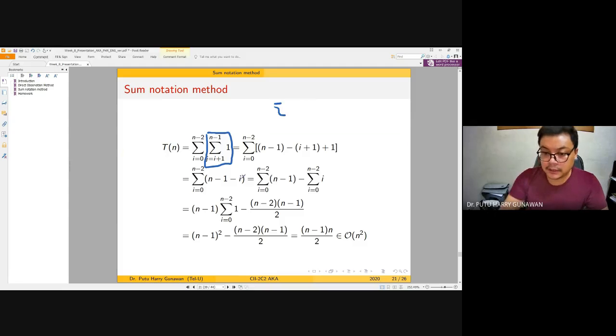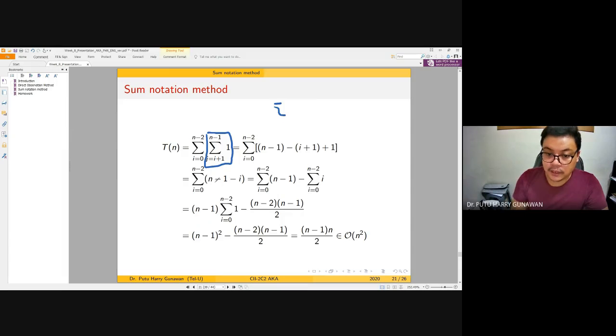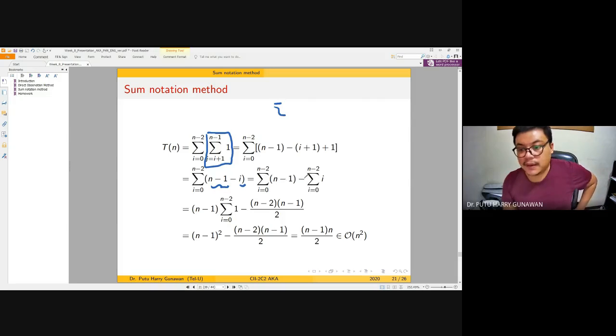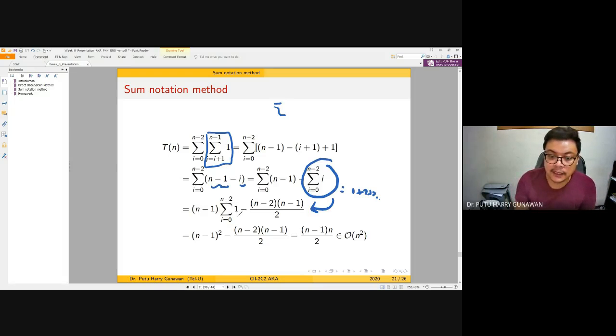Then use the linearity relation: we can split it into two sums. So the sum of i equal to 0 to n minus 2 of (n minus 1 minus i) is the sum of n minus 1 minus the sum of i, and the sum of i is 1 plus 2 plus 3 and so on. Since n minus 1 is a constant, there is no i in it, it can be moved to the front, and the sum of 1 becomes the count.